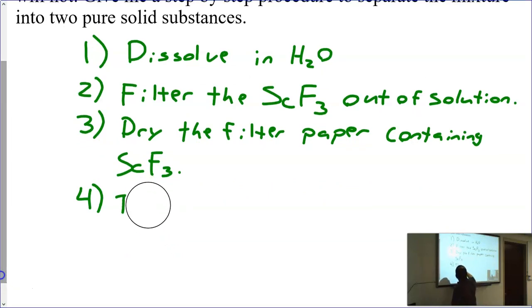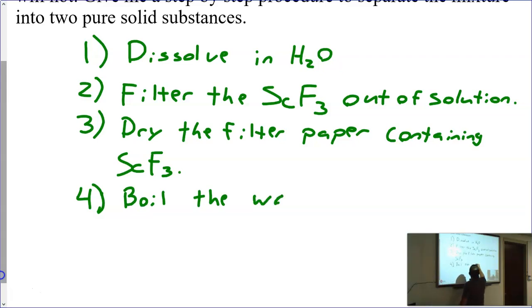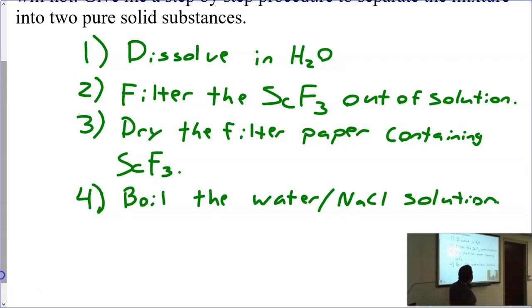I'm going to say it differently, sorry. I need to boil the water NaCl solution.